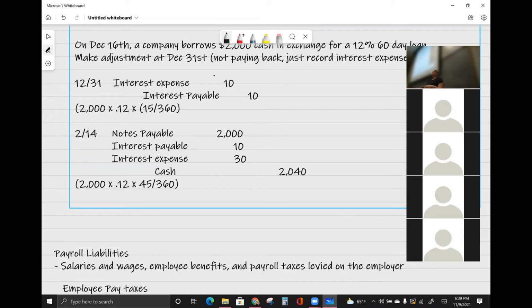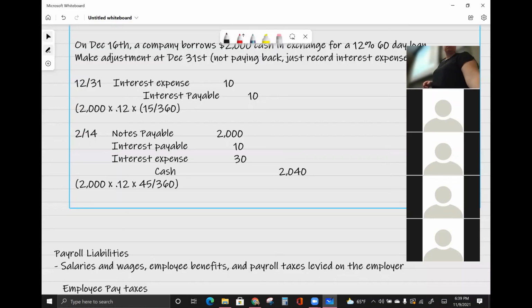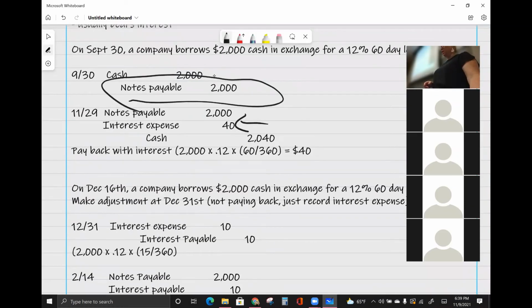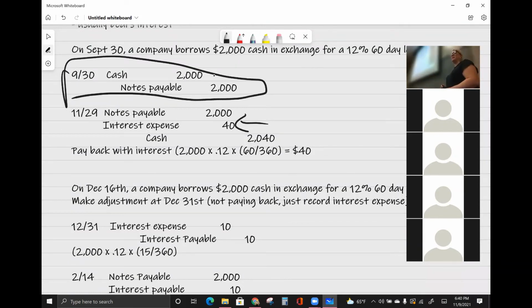Okay, so now we have a couple of things we have to do. We have the notes payable on the books for $2,000. So remember the example before. This was the original entry on 9/30, but this is the same entry that we would do right here on December 15th.